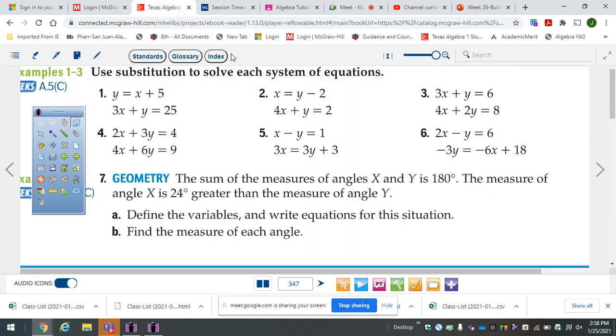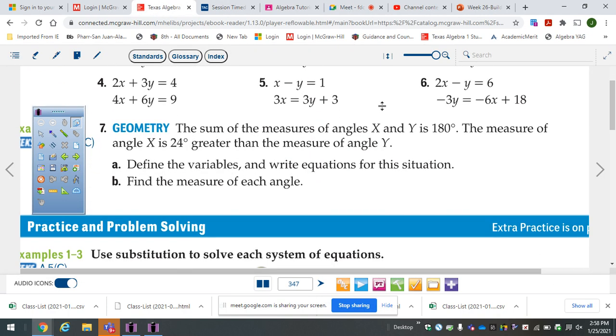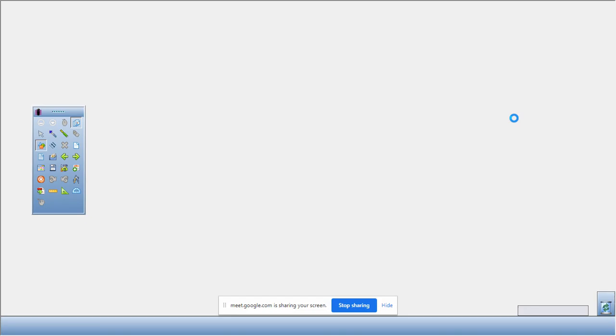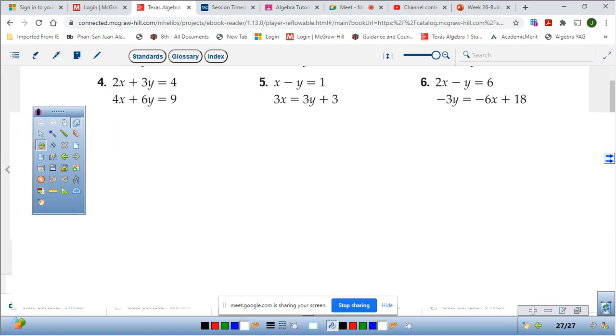Okay, let's try some other kind of easy, cheesy ones. Let's try 4, 5, and 6. All right, try 4, try 5, and we'll do 6 right now. Oh, great. Do y'all know how to do number 4? How do you do that one, Valeria? What do you do?